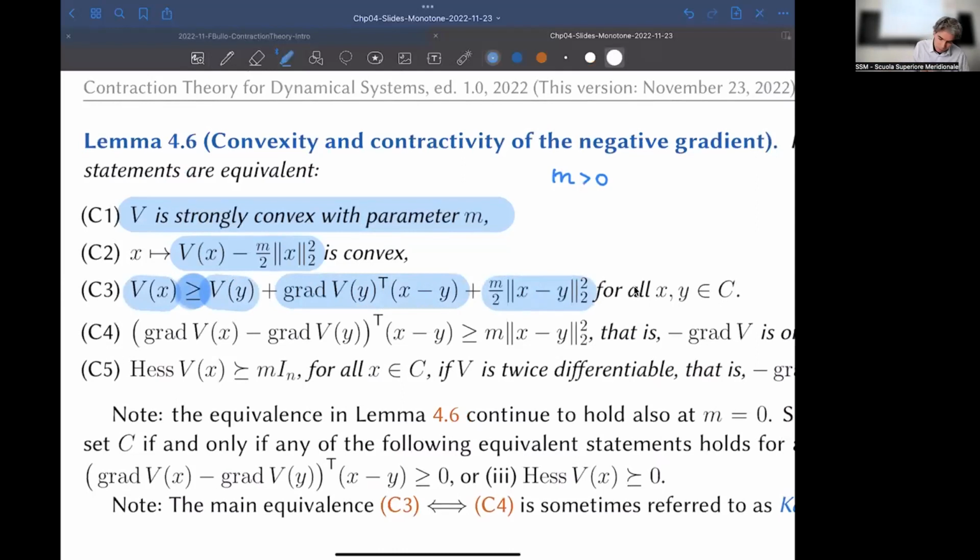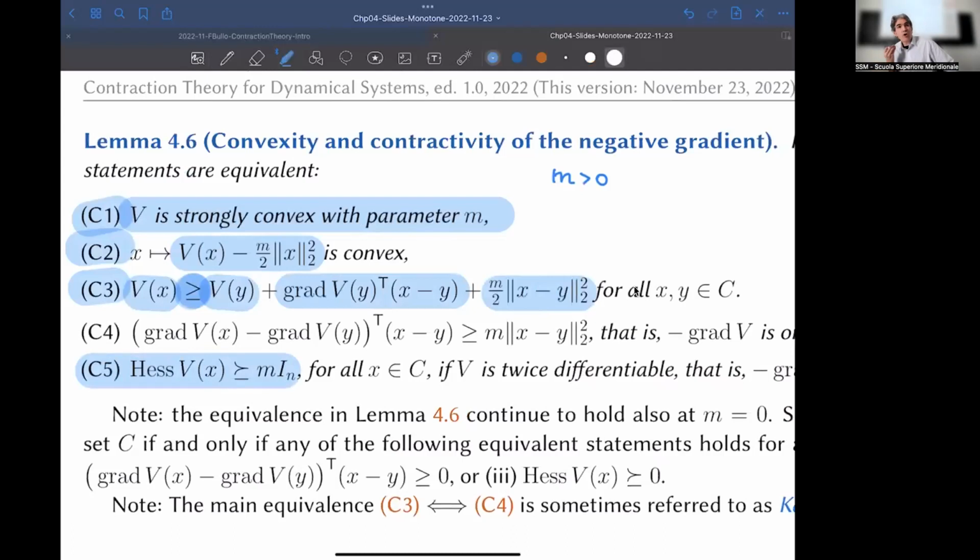Also, C1, C2, C3 are widely known. Also widely known, and that was the last question from the audience, is an even simpler condition: if your function is twice differentiable, it's a condition on the Hessian. So you have a function, you compute the Hessian matrix of second order derivatives. It is symmetric. The function V is convex if the Hessian is positive semi-definite, which means that all of the eigenvalues are positive or zero.